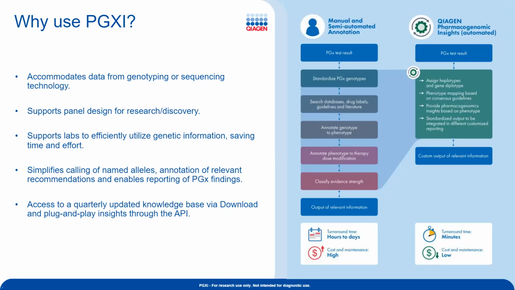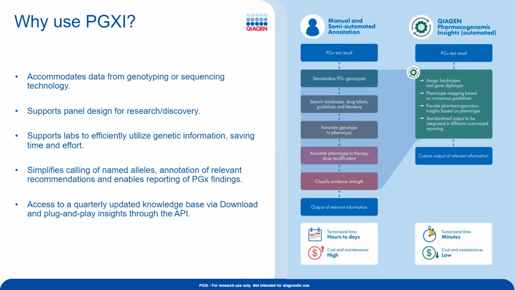And it gives you access to quarterly updated knowledge via either the download mechanism that we just mentioned or through the API. And I just want to divert your attention to the right-hand side of the screen here. We're typically in a manual or semi-automated annotation pipeline. It takes hours for scientists today to go through the whole PGX process.